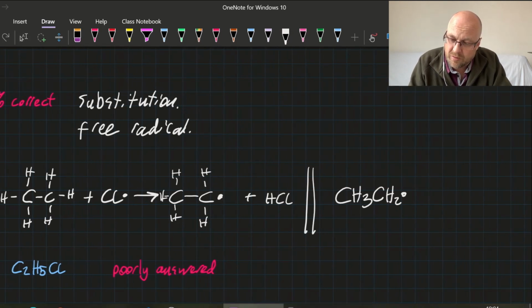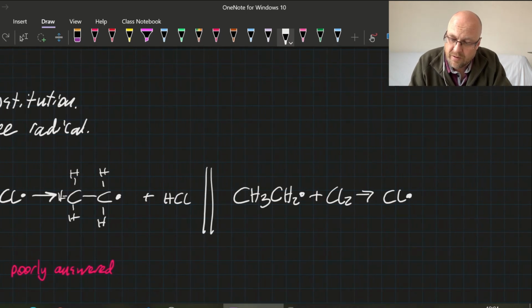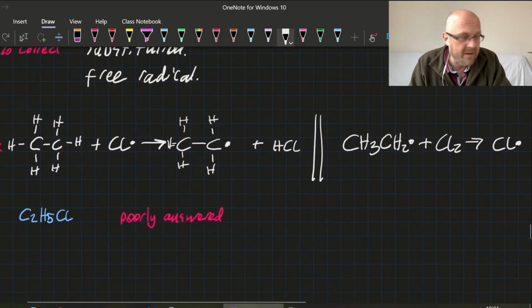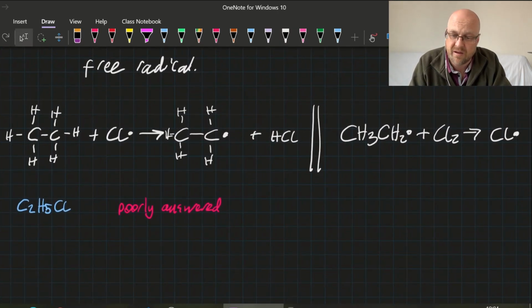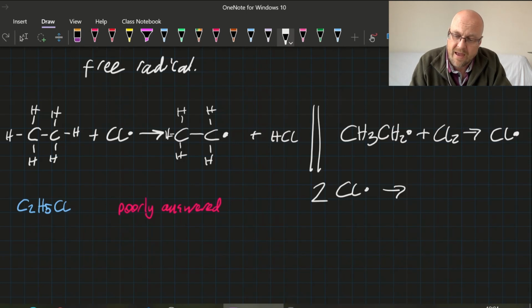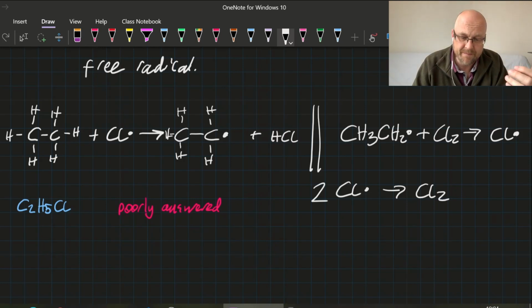And let's say that bumps into a chlorine. I've got a chlorine dot, and then I've got CH3 CH2Cl. Those are my two propagations, and a termination step. Well, the easiest termination step is there's two Cl radicals bump together and make chlorine. All right, there's my points for that.